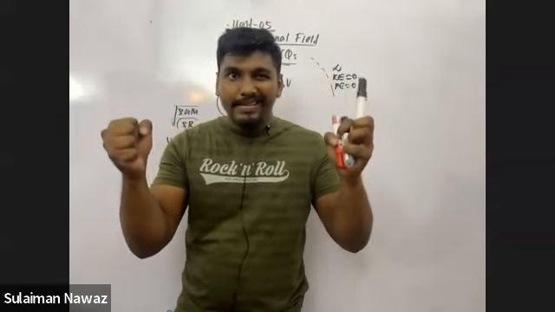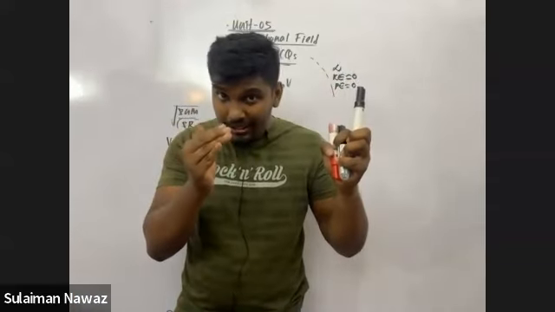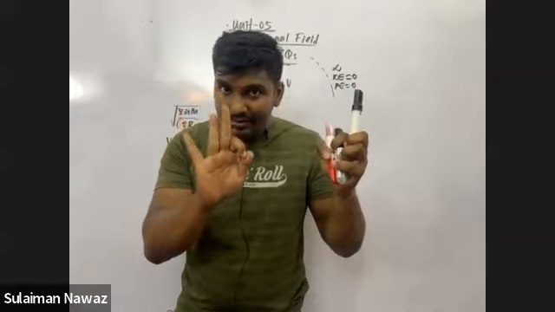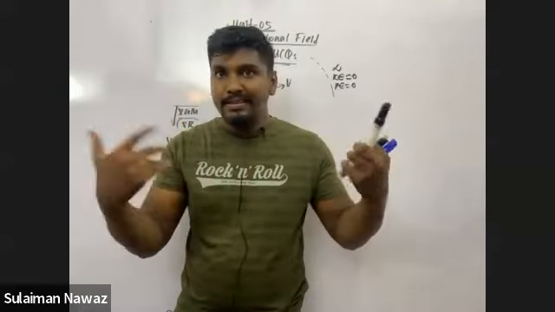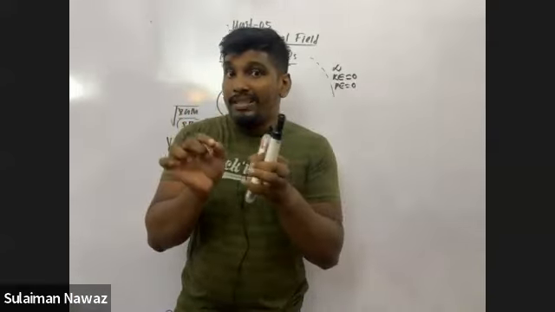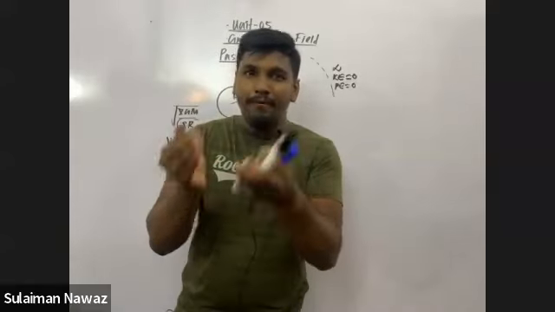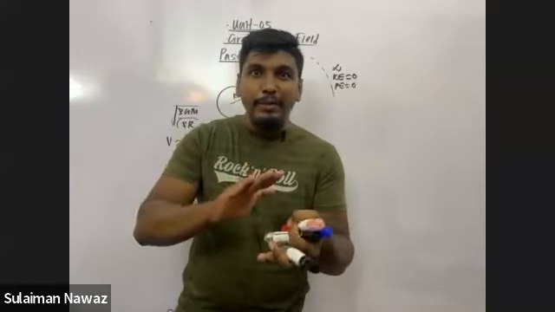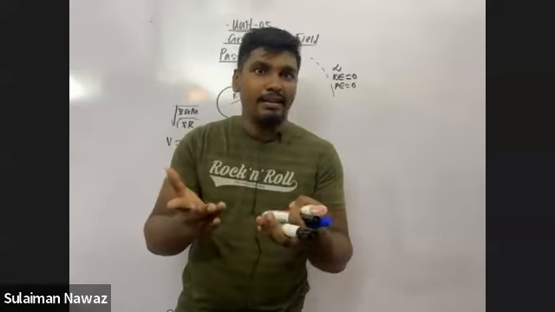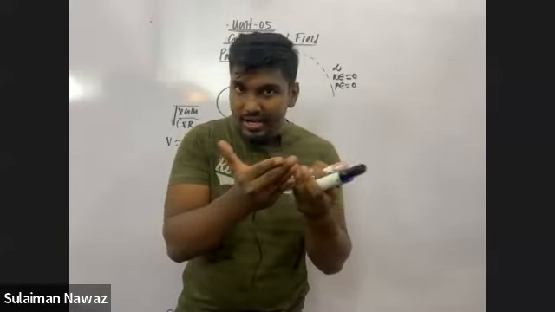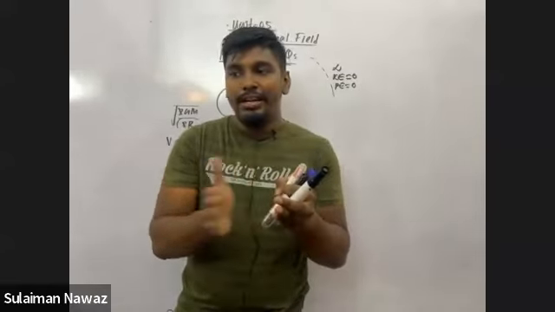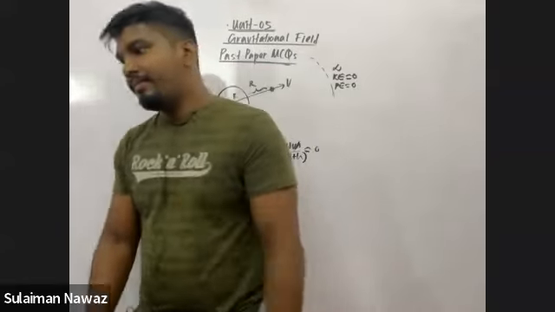The gravitational force between two masses is directly proportional to the multiplication of the masses and inversely proportional to the square of the distance. That's it. Then what is the equation derived from it? F equals G capital M small m over R squared. If you can remember that standard equation, you can easily find this answer.